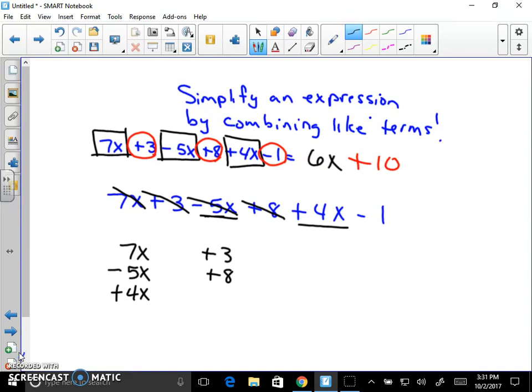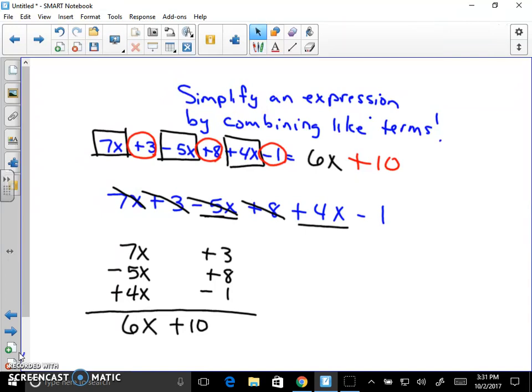And then I have my negative 1. And when I add this column up, I get 7x minus 5x plus 4x gives us 6x. And now we have a plus 3 or positive 3 plus 8 minus 1 gives us plus 10. So they're both different ways to do it, but you're going to see you get the same answer.